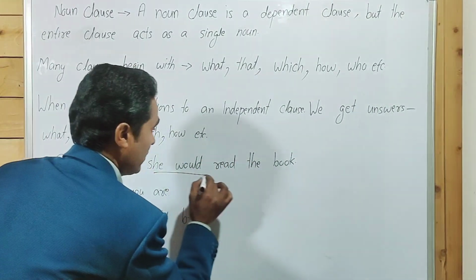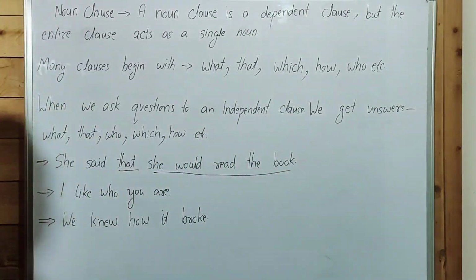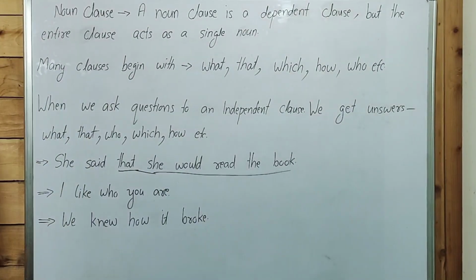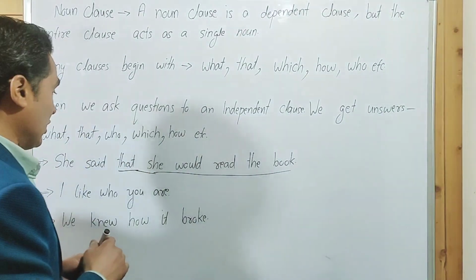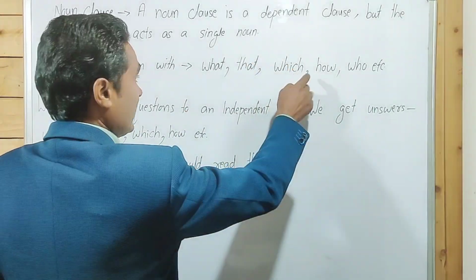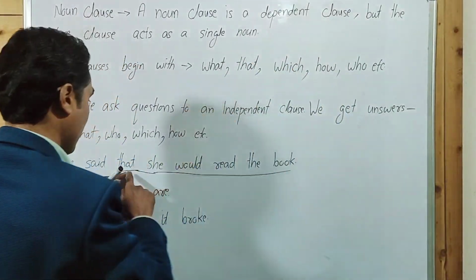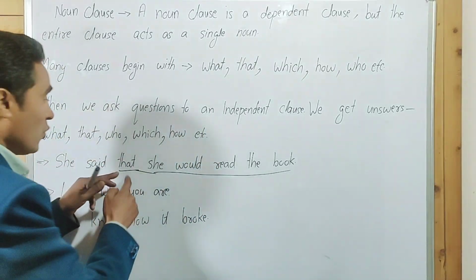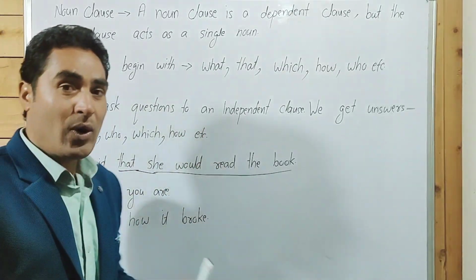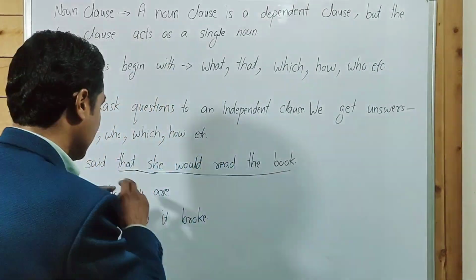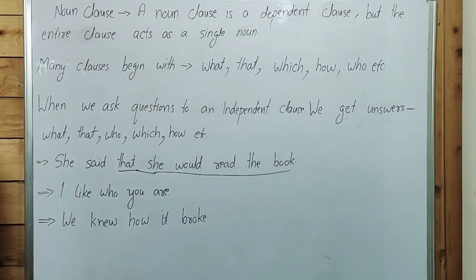That she would read the book is a noun clause. The entire part of the sentence is a noun clause. It begins with that. What did she say? She said that she would read the book.